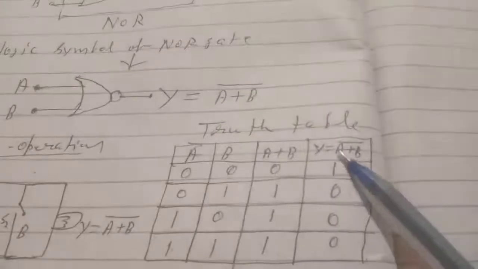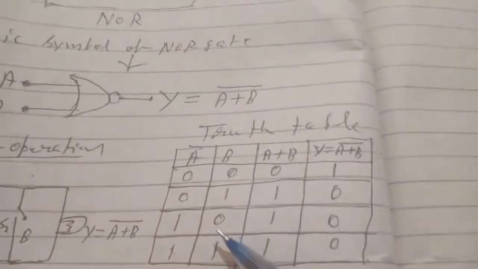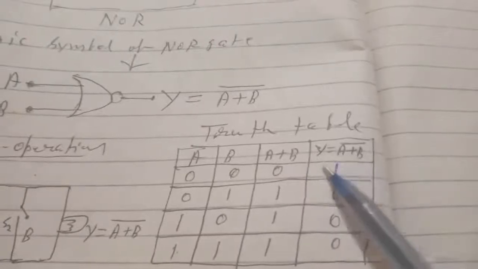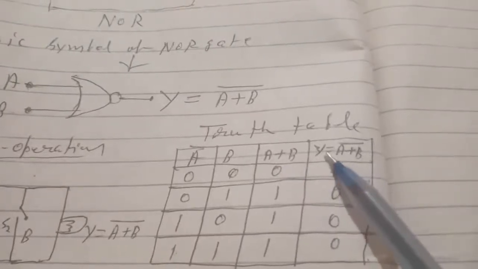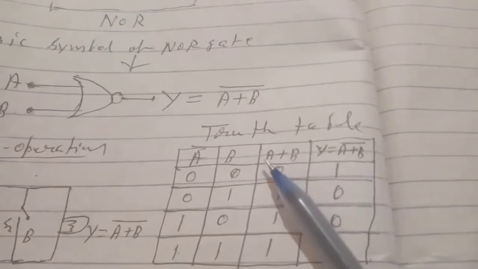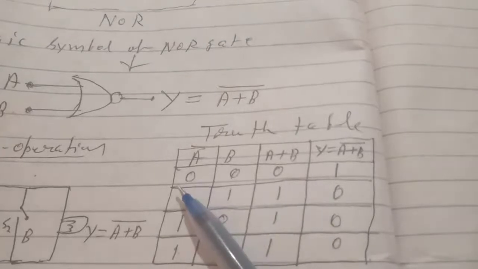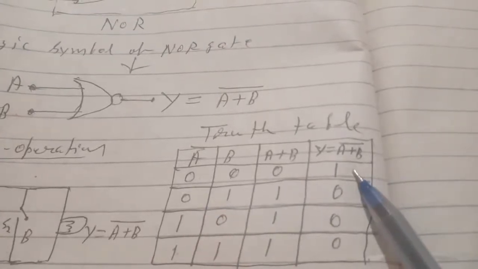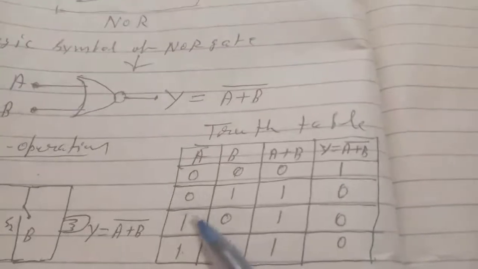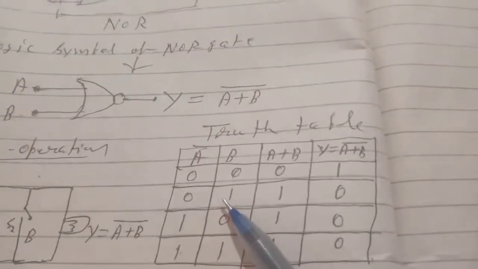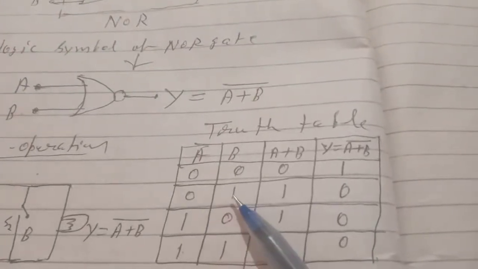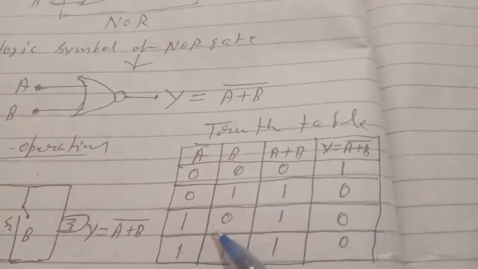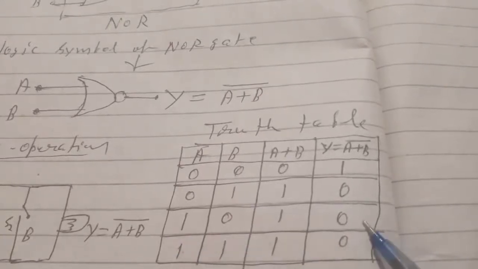Now truth table of NOR gate. Here this represents the NOR gate, and this represents OR gate. So when both inputs are 0, our output is 1. When A input is 0 and B input is 1, then output is 0. A input is 1, B input is 0, then output is 0.